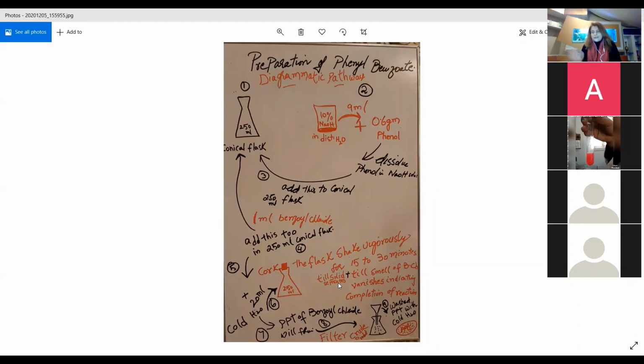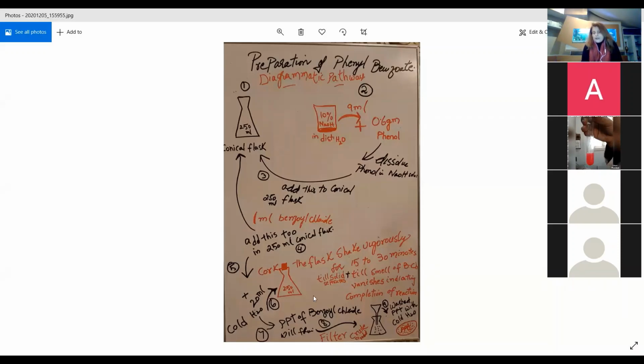Now what is that solid? That is the precipitate of phenyl benzoate that will separate out, right? As phenyl benzoate is not water soluble, it will separate a little from the rest of the solvent when you add cold water to it.